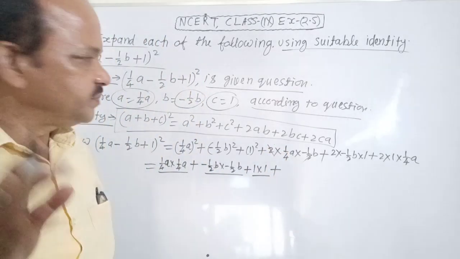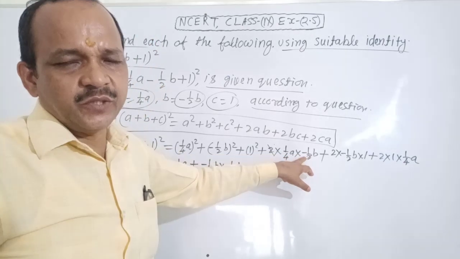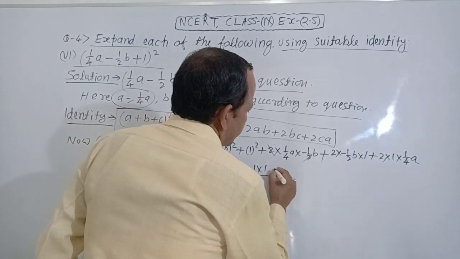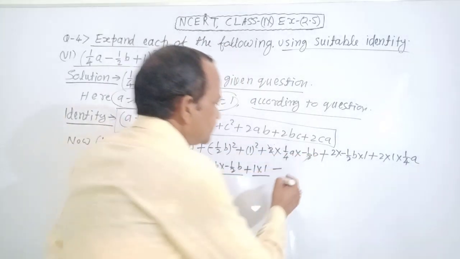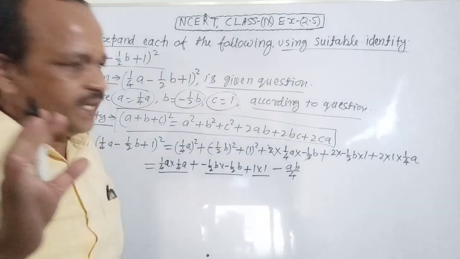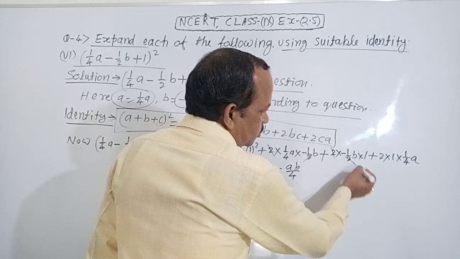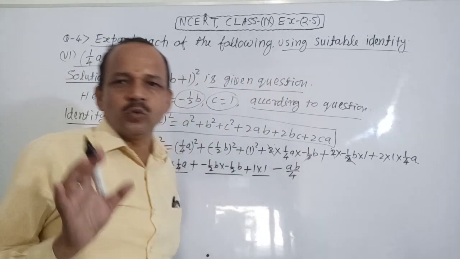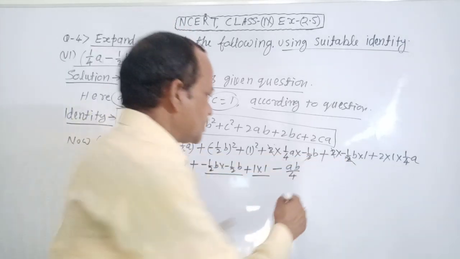Is it clear? Here plus and here minus, hence it becomes minus. Here you can write minus ab by 4. Is it clear? Here you can cut minus 2 and 2. Here plus, here minus, becomes minus.